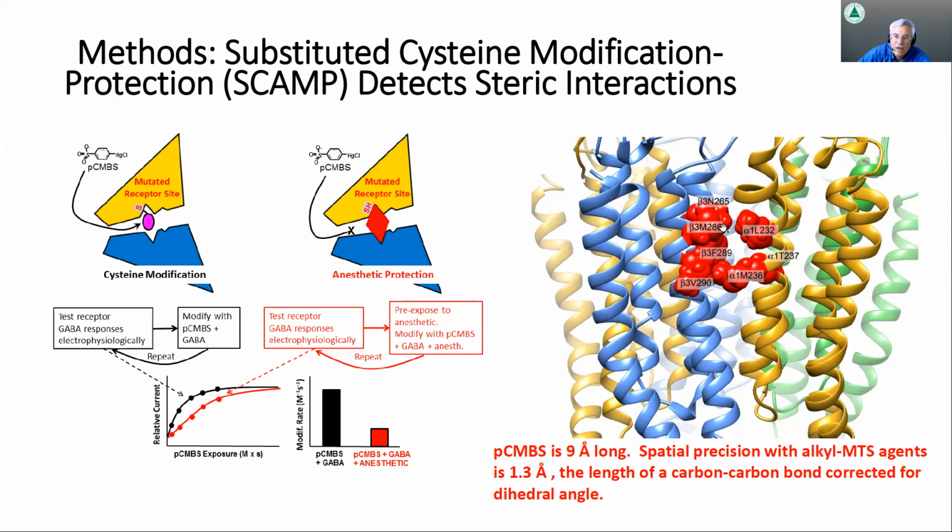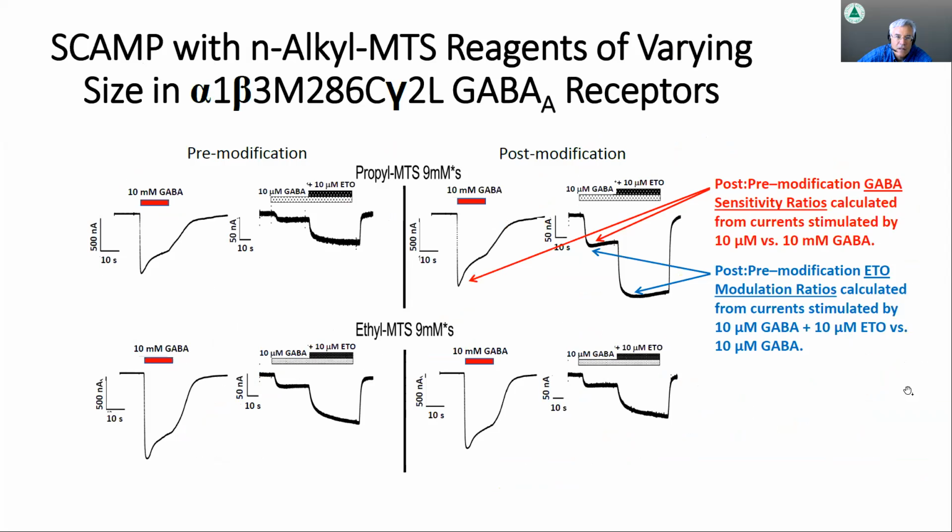The focus of our studies has been on this beta-3 M286 residue, because previous studies with the cysteine mutant at that position have shown that it has favorable characteristics for these kinds of studies. So here is some of the primary data in alpha-1 beta-3 M286C gamma receptors.